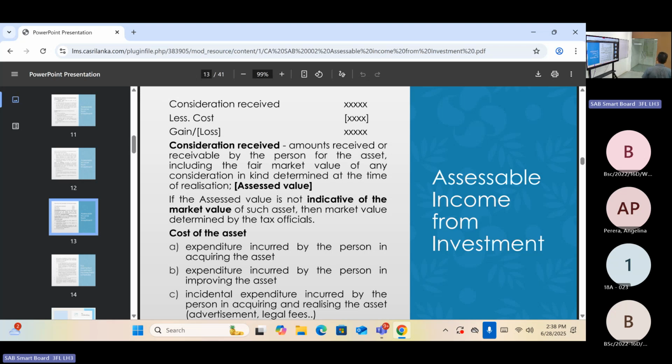It says this is in the act. It says asset acquired prior to 30th September 2017. Right? So this day we need to consider market value.